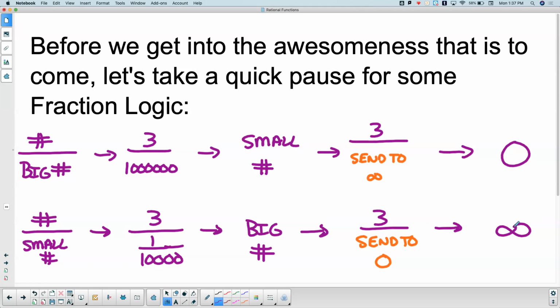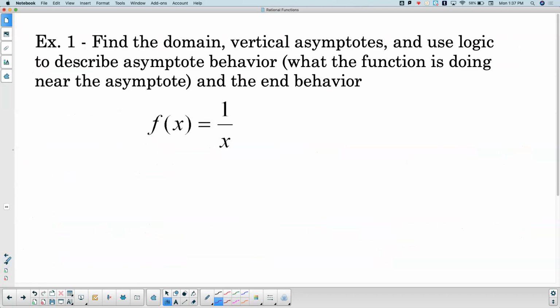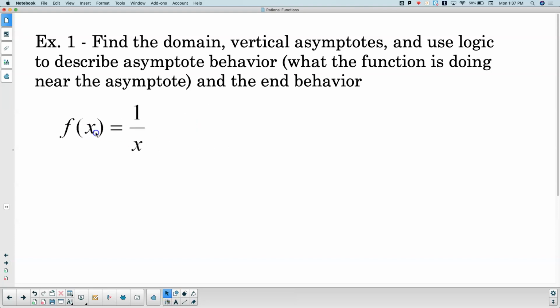Now, we do that kind of logic because of this next problem. First off, I want you to find the domain of f of x equals 1 over x. How do I find the domain? Set the denominator equals 0.